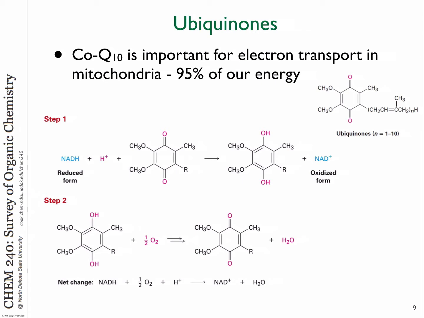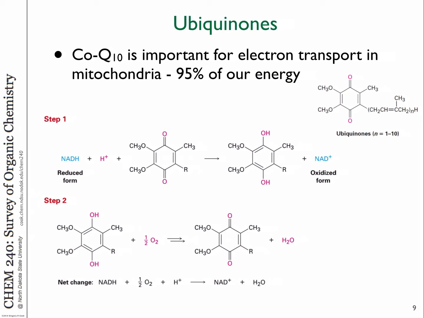Here's an example. This is in your textbook. I don't think I had it in the notes. But in your mitochondria, which is the energy-producing parts of your cells, there's these species called ubiquinones, naturally occurring ubiquinones. And ubiquinones are part of the process of electron transport and energy generation through this oxidation and reduction.